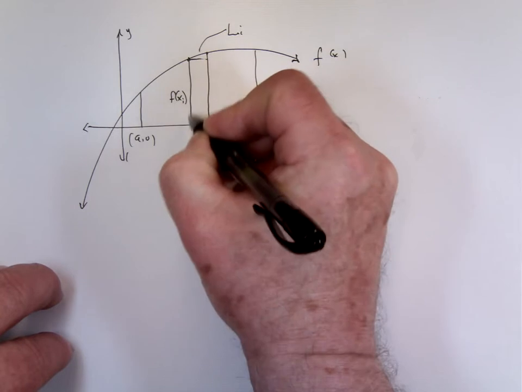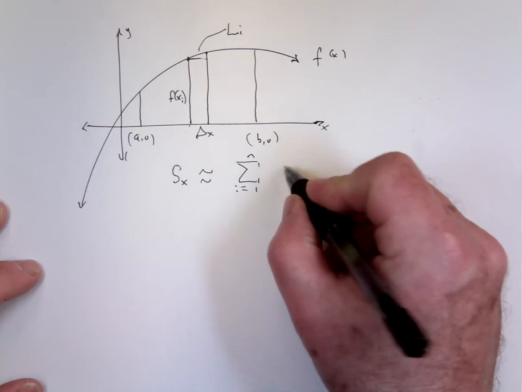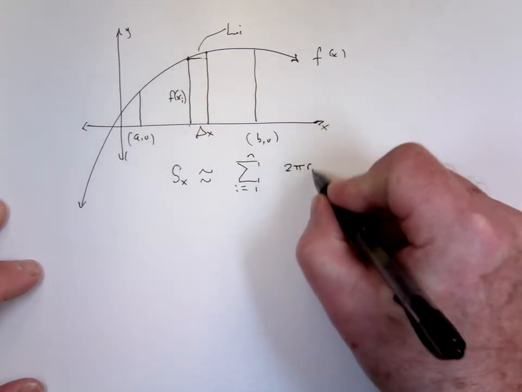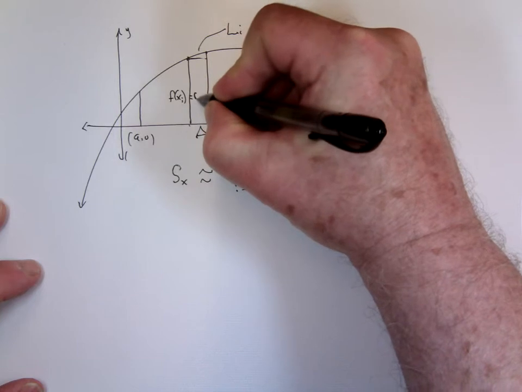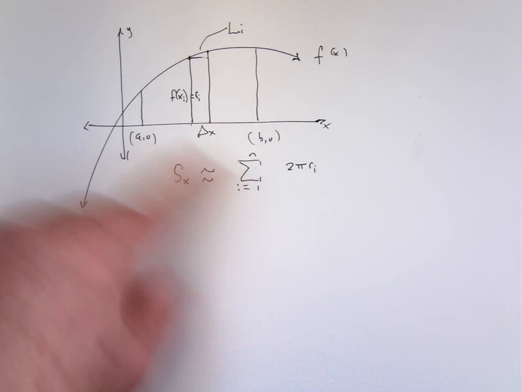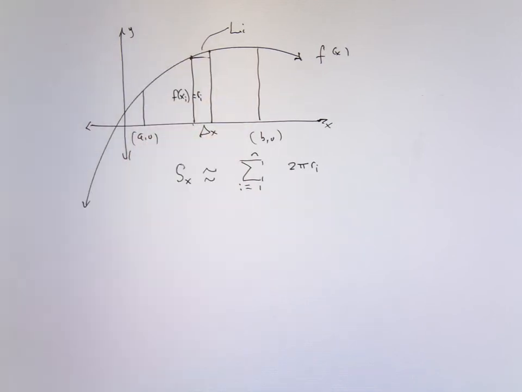So the circumference of that circle is 2 pi r, and r is the value of the function, times the element of arc length.